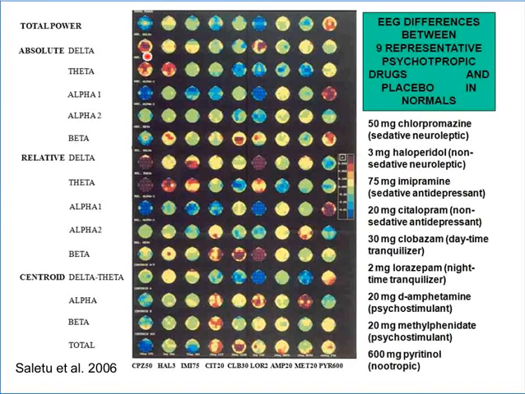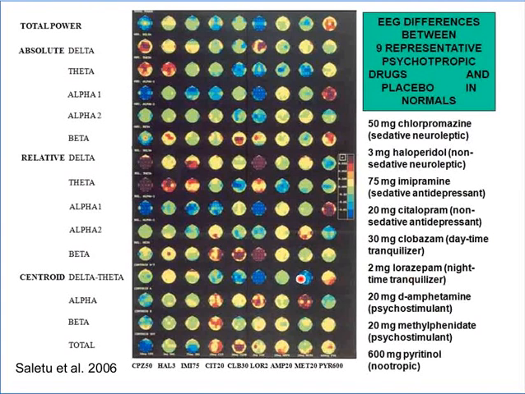Here's an example just to give you the impression. Again, there are columns of different topographic distributions divided by different frequency bands, whether depicted in absolute or relative or centroid terms. Each column here depicts one complex profile of one of several drugs. So the rows are here, the different columns are the different drugs.